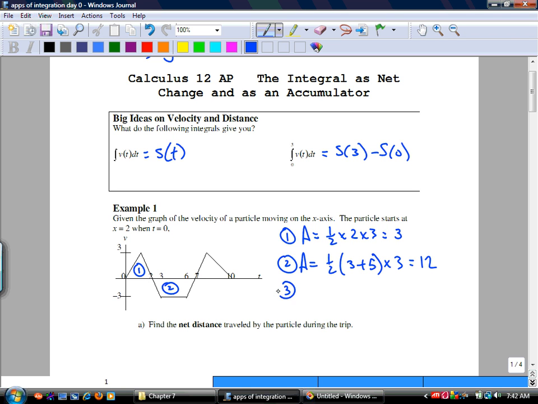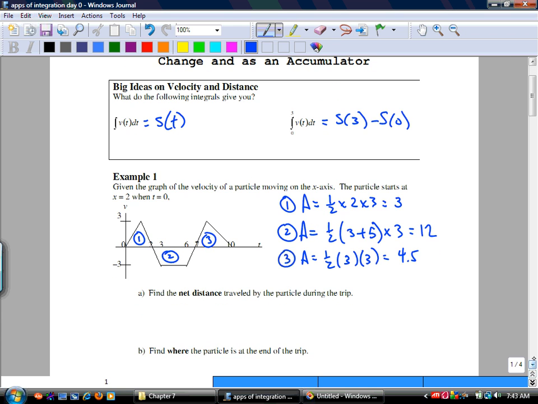Area 3 is another triangle, a base of 3 and a height of 3. 3 times 3 is 9, half of 9 is 4.5. So find the net distance traveled by the particle during the trip. What am I going to do?